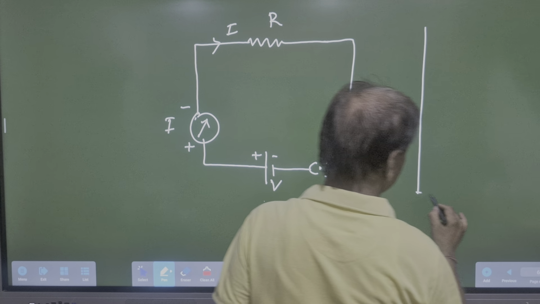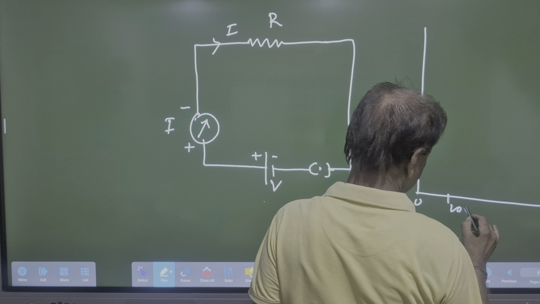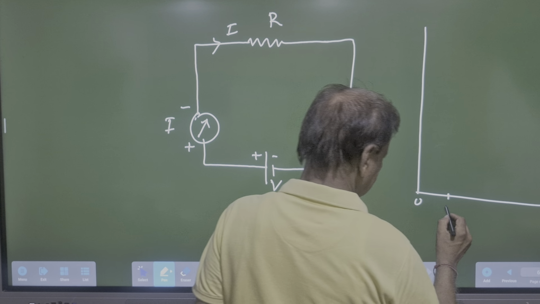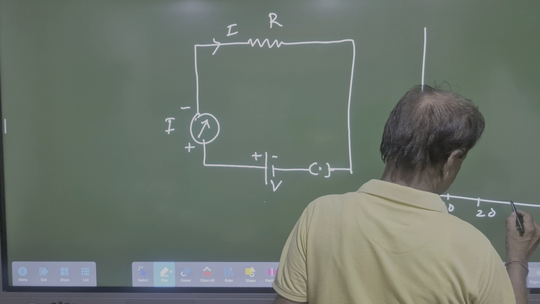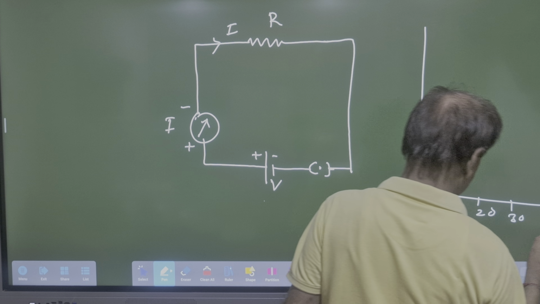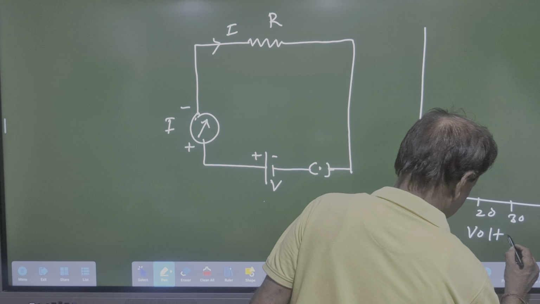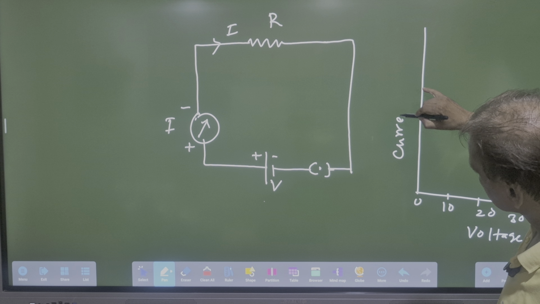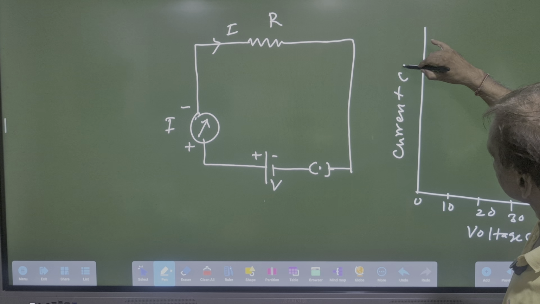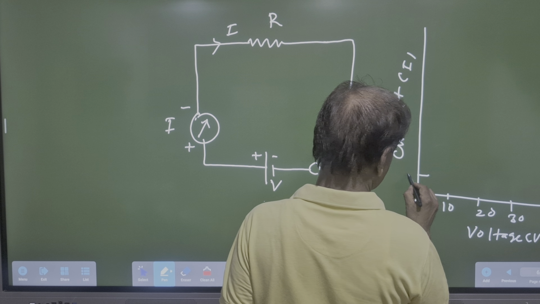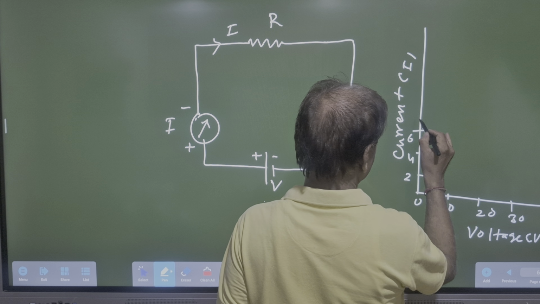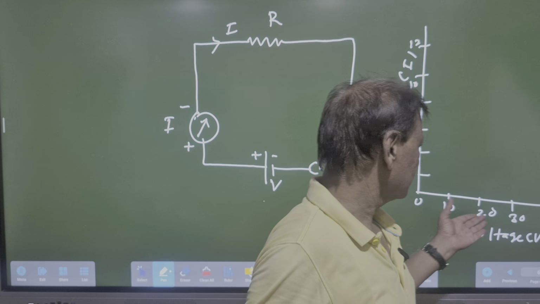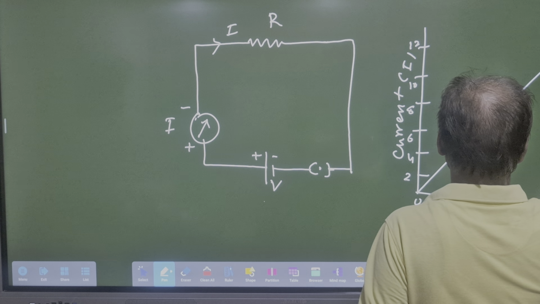As the voltage increases, current will also increase. So the graph between voltage and current will be like this. If we increase the voltage, current will increase, and it will be this straight line.